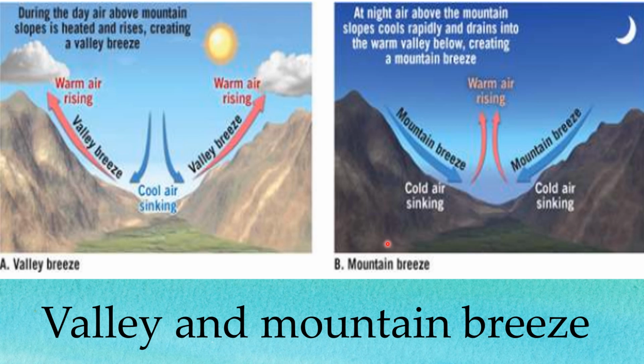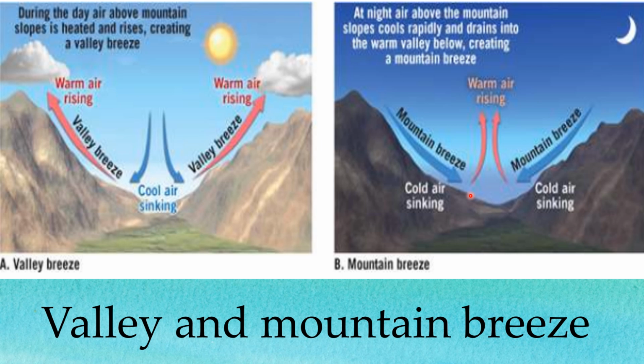This is the mountain breeze because it comes from the slopes and blows towards the valley. The cold air is sinking and the warm air is rising. This is what happens after sunset, and this is the reverse pattern of the valley breeze.